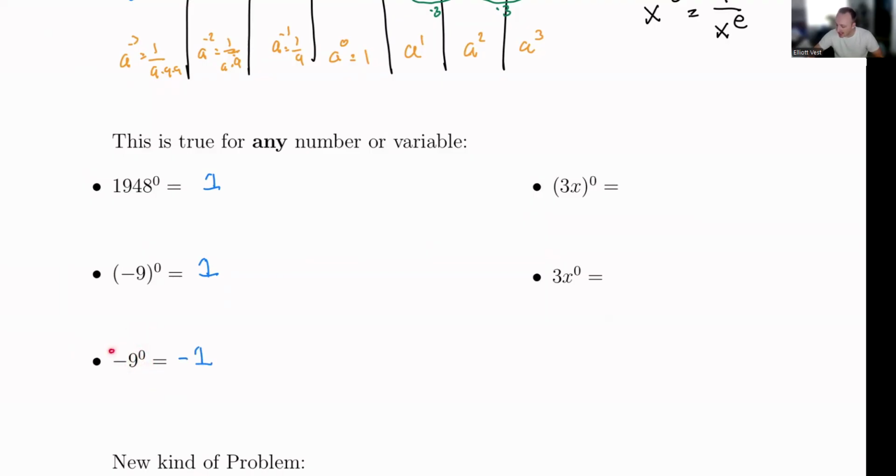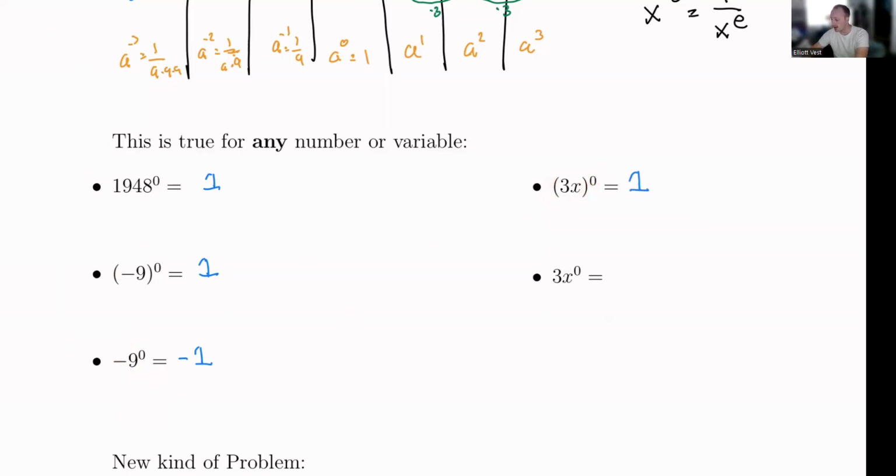So because the negative is not a part of the base for the exponent, it's on the side here, that's negative 1 here. But if you have something else like 3 and x's, if they're in the base for the exponent, this still equals 1.